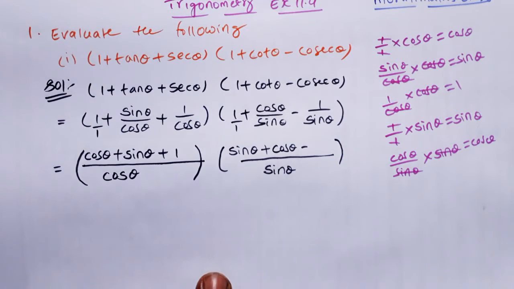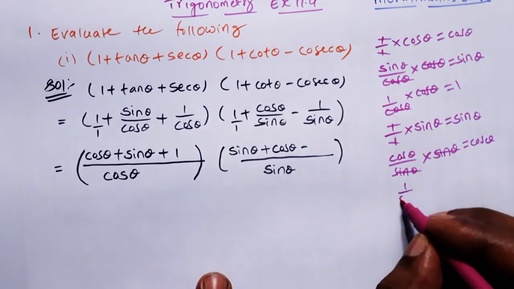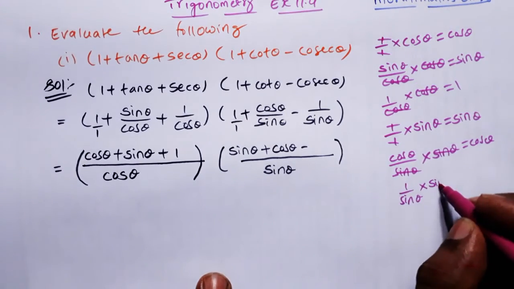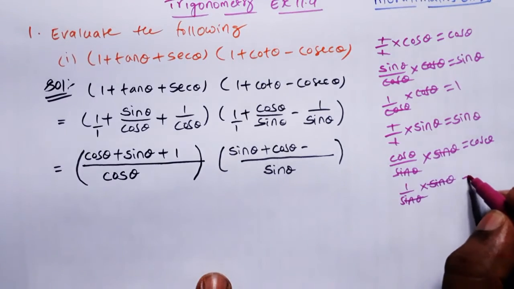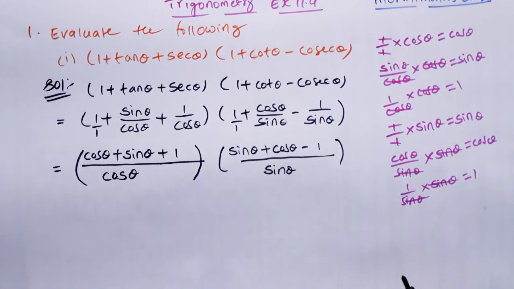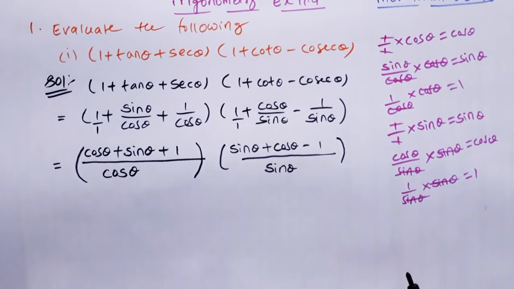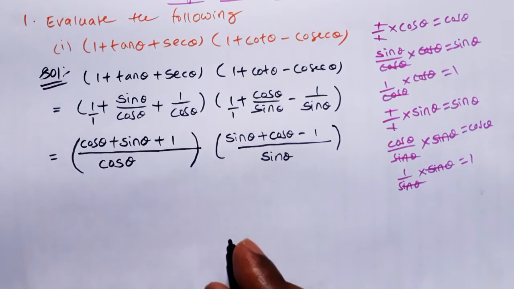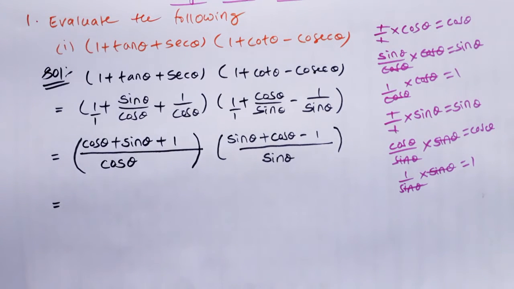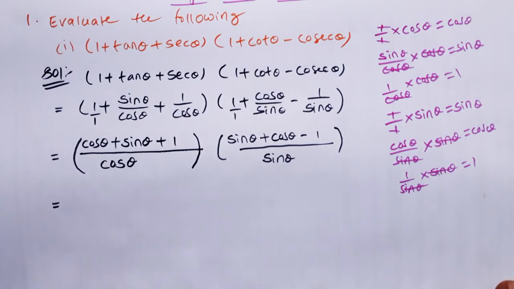Third fraction 1 by sin theta into LCM sin theta. Cancel. Answer 1. So 1 you write here. That's it. So that is the simplification of taking LCM. Okay. Next step. So in the next step, what we have to do? We will multiply numerators and multiply denominators.